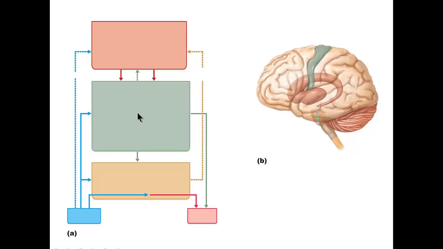So the projection level, motor tracts. The brain stem has a little bit of control there also when we're talking about control of basic movement. So again, this is the projection level.